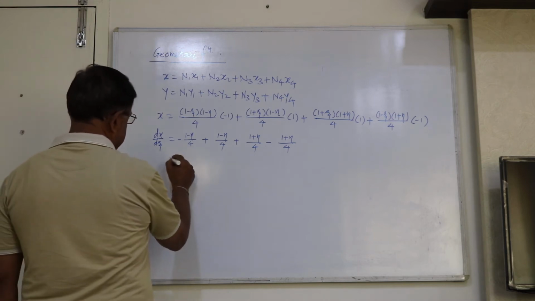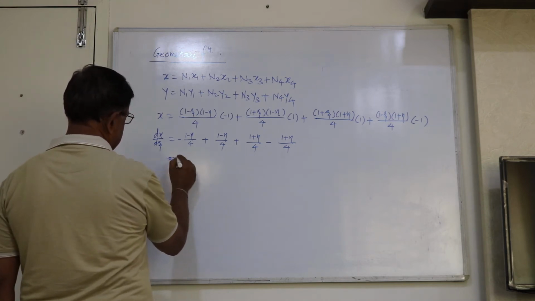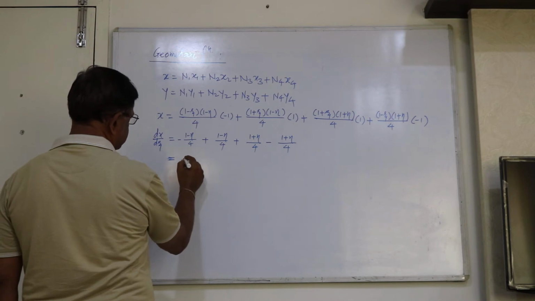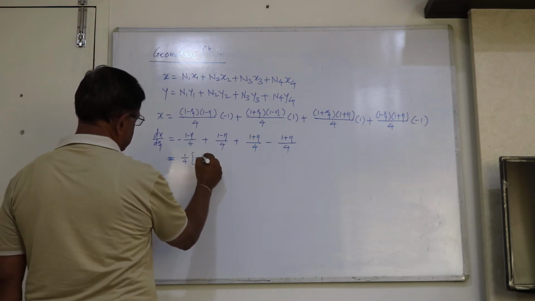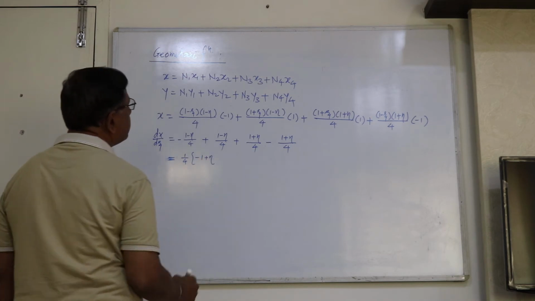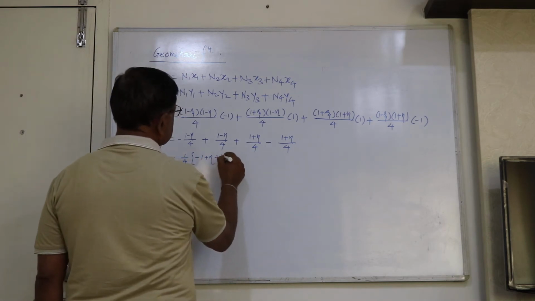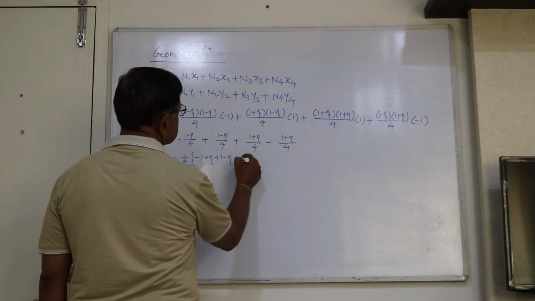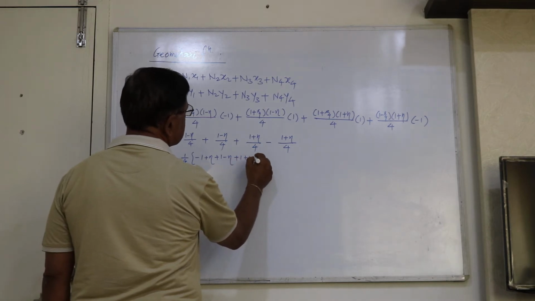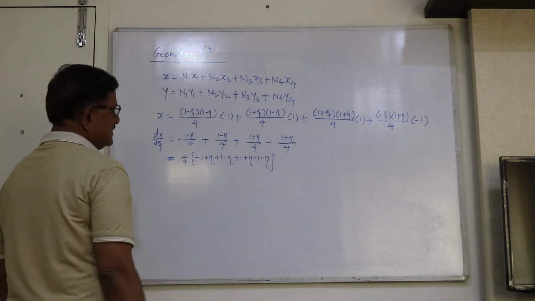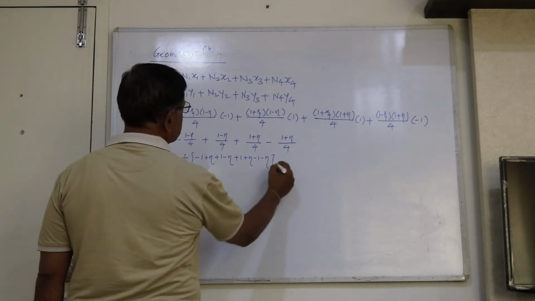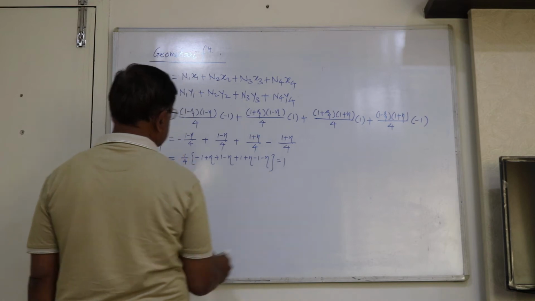So now we can take 1 by 4 as common. So this is 1 by 4 times minus 1 plus eta, then plus 1 minus eta, plus 1 plus eta, minus 1 minus eta. So this gives us the value, say, unity.